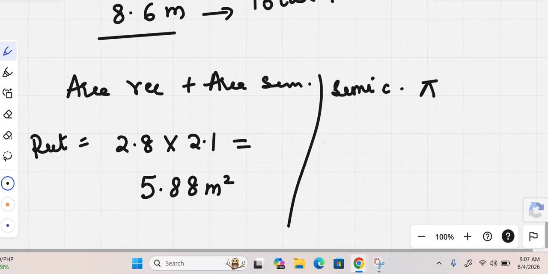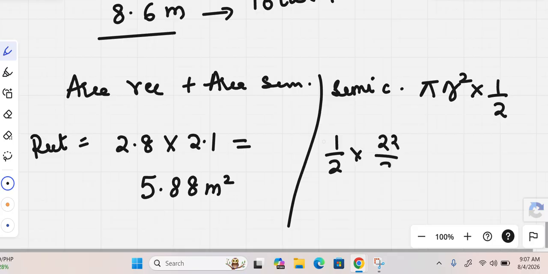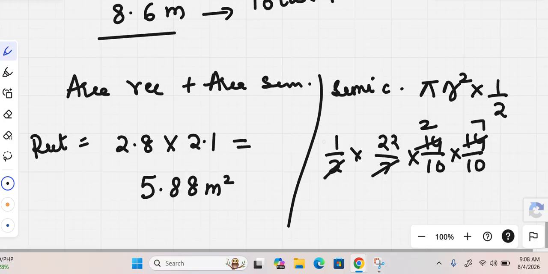The semicircle's area is pi r square into 1 by 2. So 1 by 2 into 22 by 7 into 14 by 10 into 14 by 10. Right? 7, 2. 2, 7. Okay. Do you want me to cut anything else?